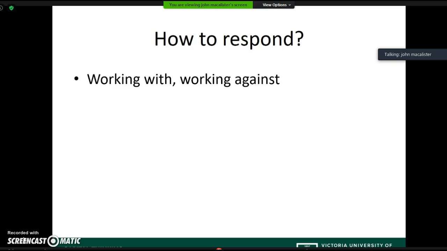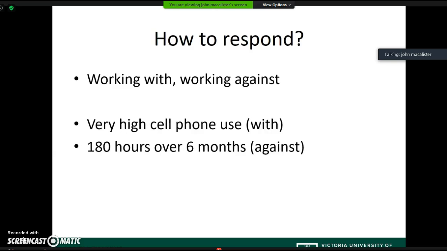So in other words, there are some things that you cannot change. For example, the fact that there are 180 hours is something that you cannot change. So with the examples I've just given, the time factor is something you can't change, so you've got to try and work against it to overcome it. Whereas a factor like very high cell phone use is a constraint that you can work with.